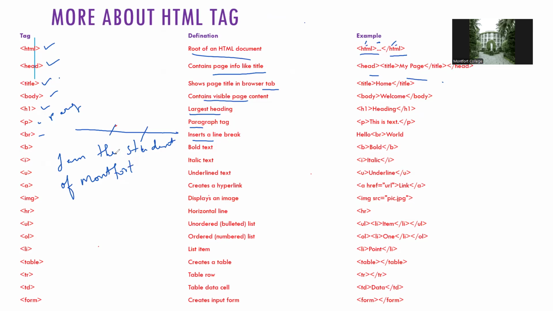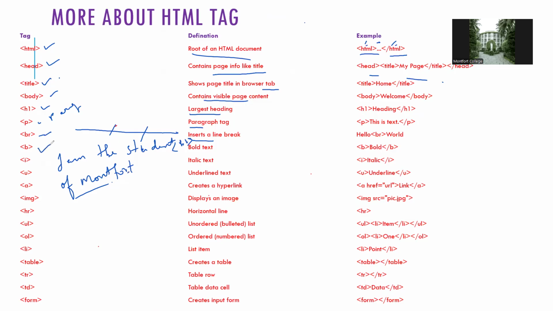Look at this statement. Here I broke it. So here you can give the BR tag, which means whatever comes after "student of Montfort" will be displayed in the next line. That's why we have BR.